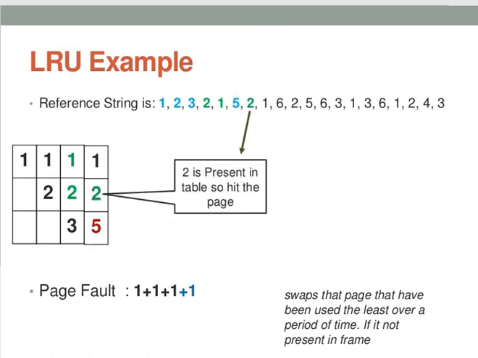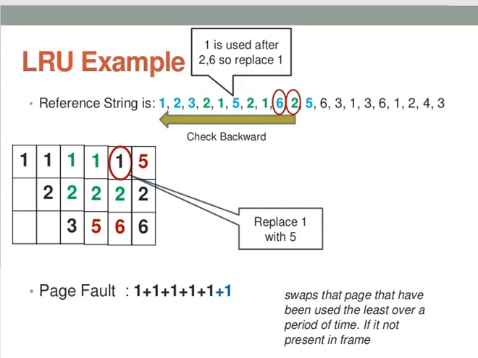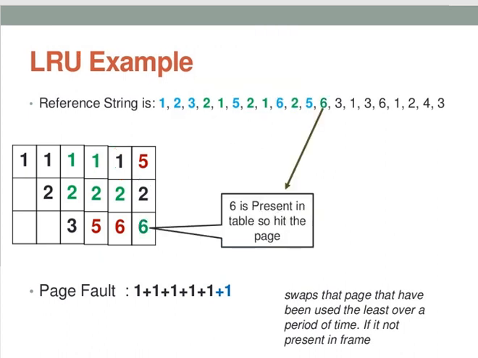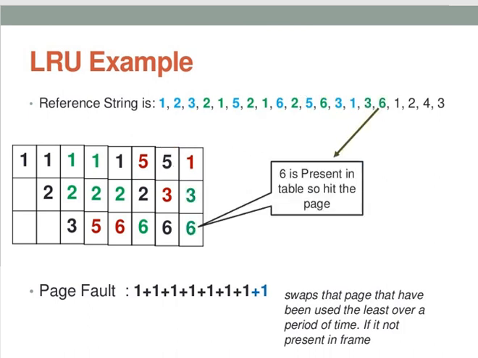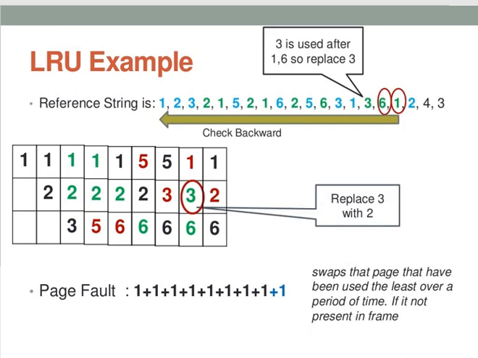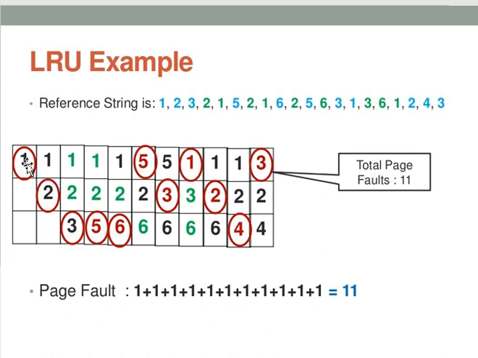Continuing in this manner you can solve this example, and in the last you can see that the number of page faults and the page hit count keep increasing, and in the last you can see your answer here. The page fault count is 1, 2, 3, 4, 5, 6, 7, 8, 9, 10, 11, and the page hit count is 1, 2, 3, 4, 5, 6, 7 and 8.